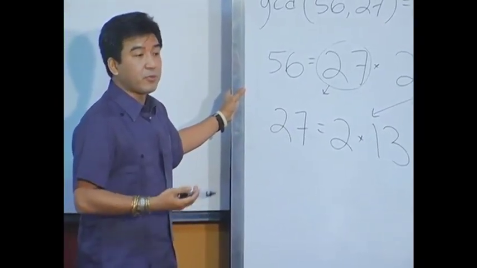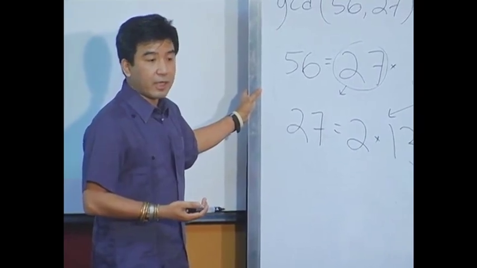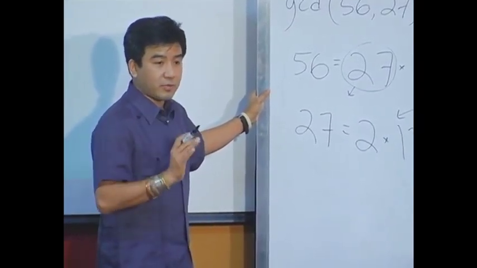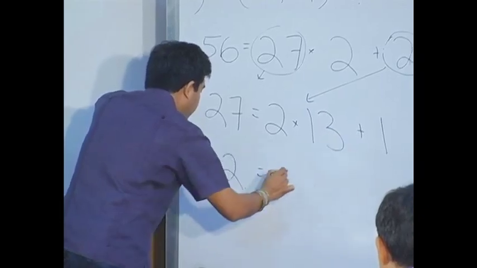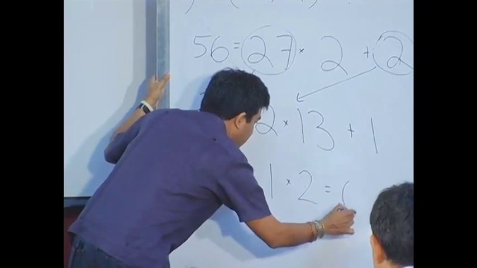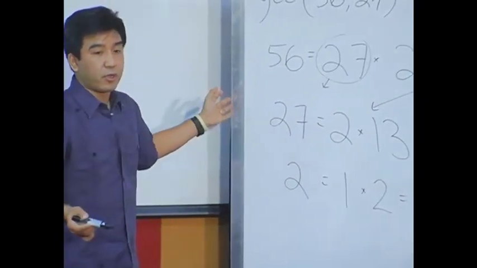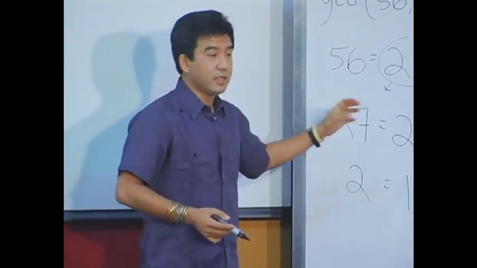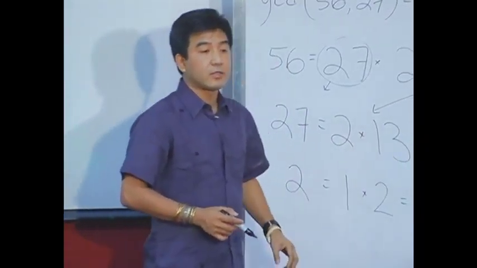We will keep on repeating this process until we get a remainder that is equal to 0. So 2, right? And then the remainder we use as a divisor. 1 times 2 is equal to 0. Then the process stops. The GCD is always the last non-zero remainder.